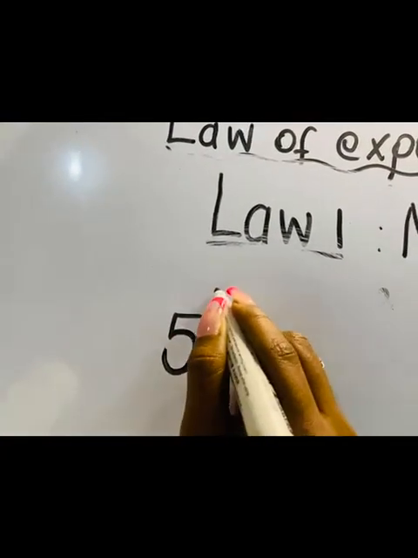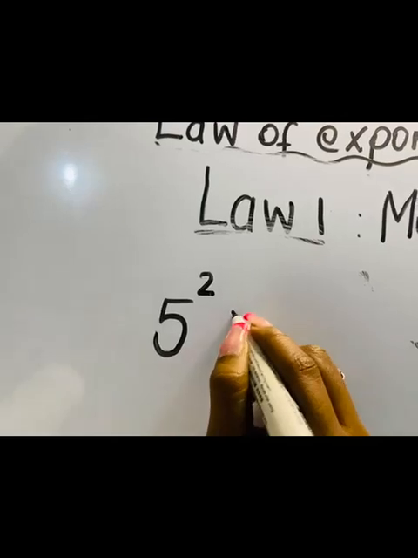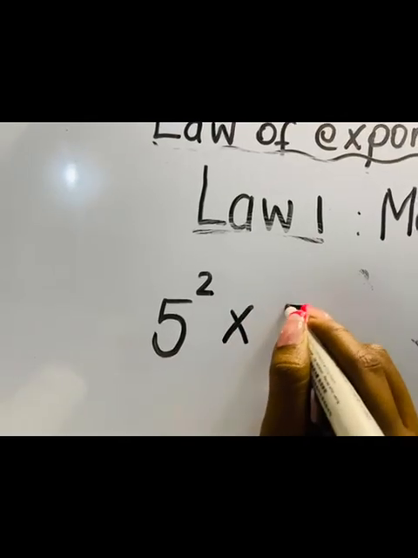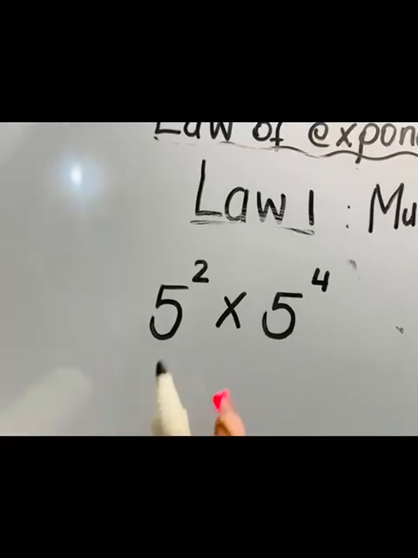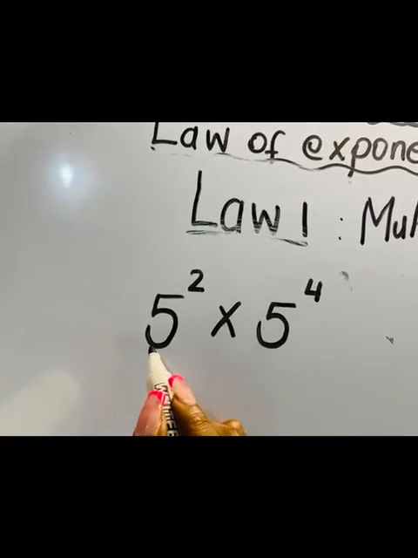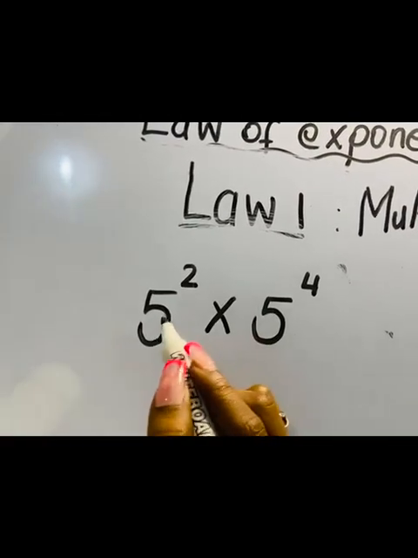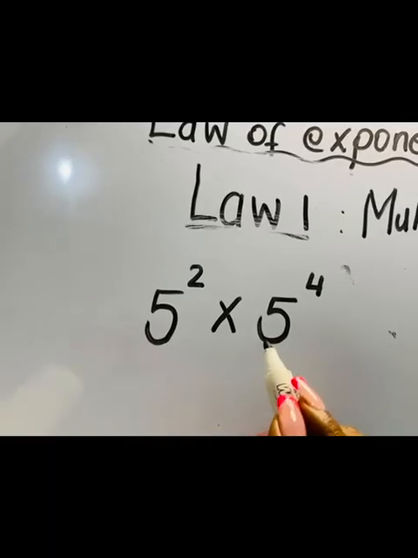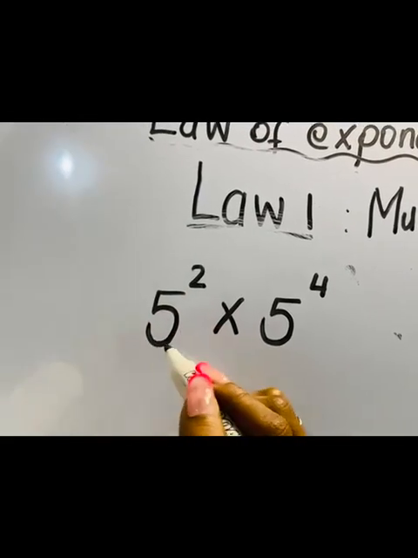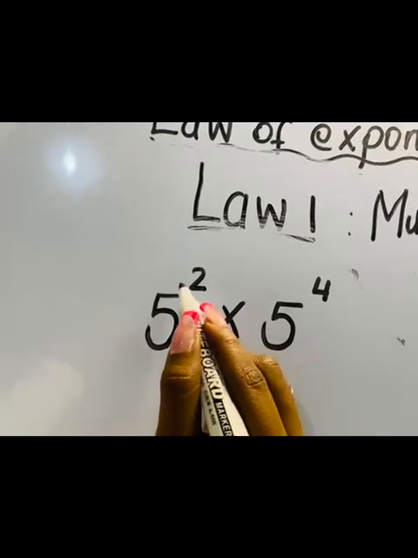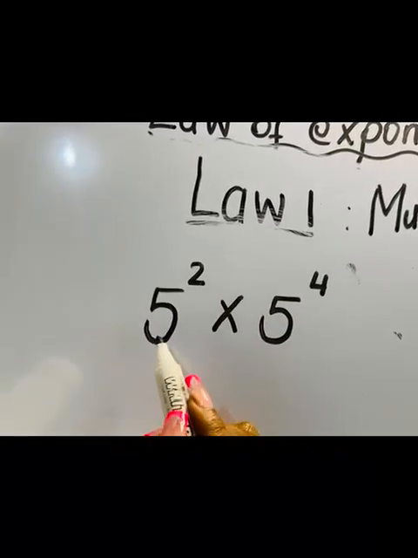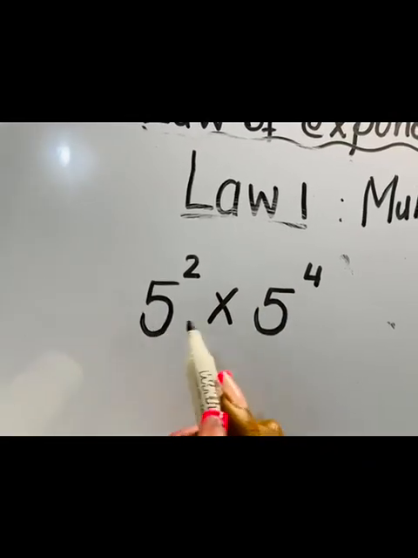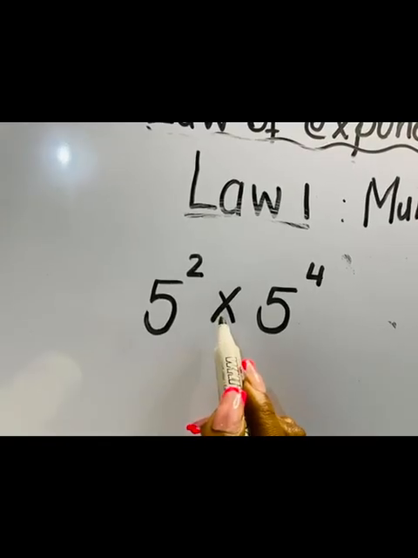We have 5 to the power of 2 multiplied by 5 to the power of 4, for example. Now, in this case, we still have bases, but now our bases are not variables anymore. Our bases are now numbers. So we have the base of 5, we have the base of 5. So we first check if our bases are the same and we are multiplying.